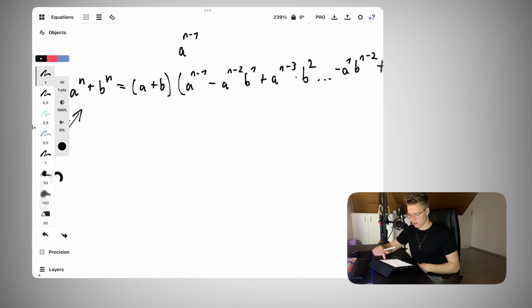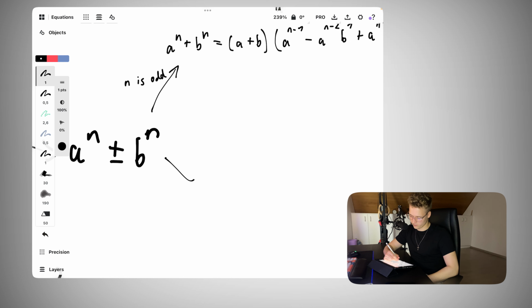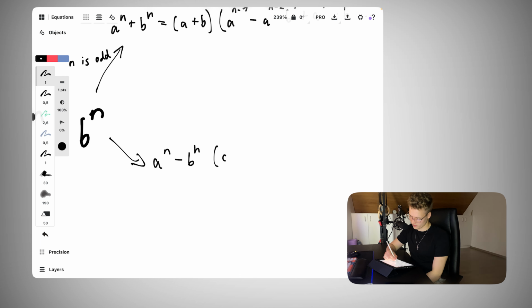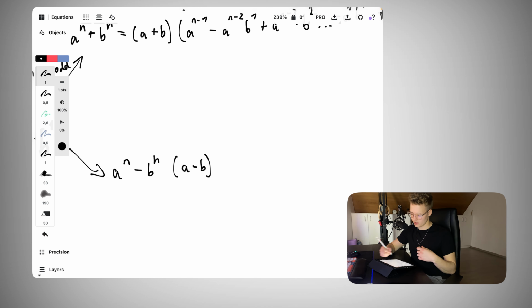Okay, now what about the negative formula? So a to the power of n minus b to the power of n. Here n can be even or odd, so it doesn't matter. So we have a minus b, and then we just have only plus signs. So it's the same thing, except instead of alternating between positive and negative symbols, we're just going to have only positives.